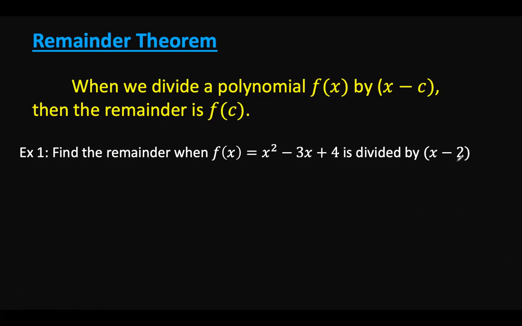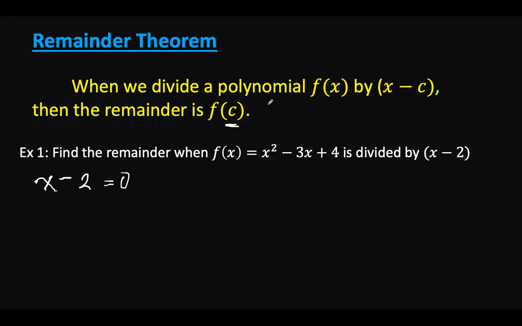The first thing that we need to do is to find c. Dito, kukunin natin yung c. Sabi natin, we're going to equate the given monomial to 0, or i-equal natin siya sa 0. So x minus 2 equals 0. Para saan? Para makuha natin si c.